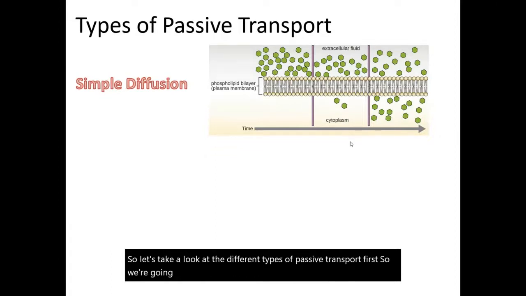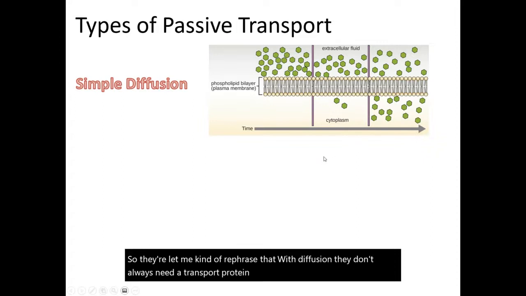So we're going to talk about two types of diffusion. And with diffusion, these molecules do not need transport proteins. They are small enough to cross the plasma membrane. Well, let me rephrase that. With diffusion, they don't always need a transport protein.